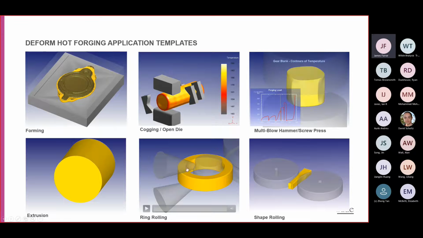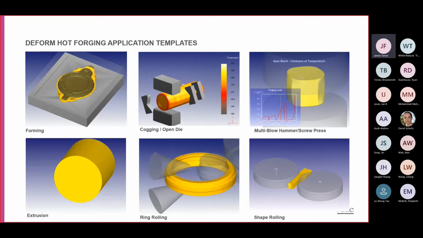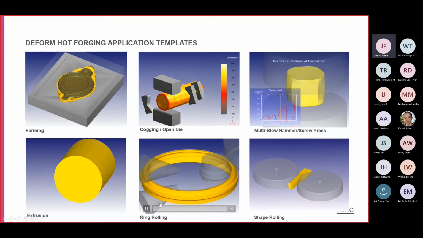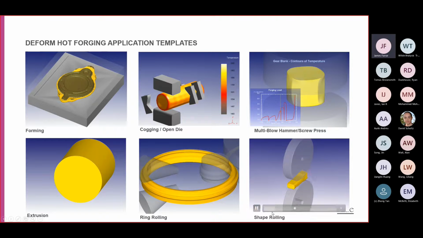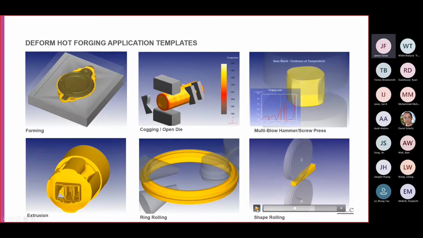Then a quite complex application, often done hot, is ring rolling. Again, we have a separate module for that, dedicated to what is quite a specialist process, and we'll talk about that in a bit. And then the final one, shape rolling, where Thomas is going to give a demonstration of this and talk about that in a bit more detail.